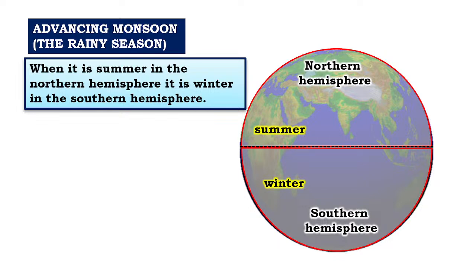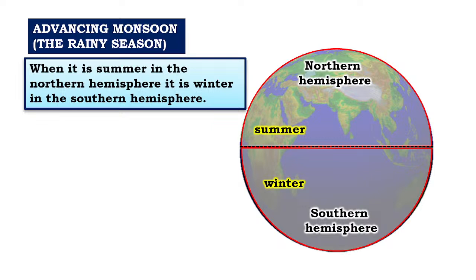So when summer and winter are there, there is high pressure and low pressure. Wherever the temperature is high, there is low pressure. Summer is going on in the northern hemisphere, so what is the pressure here? Low pressure. And in the winter area, the southern hemisphere, there is high pressure.